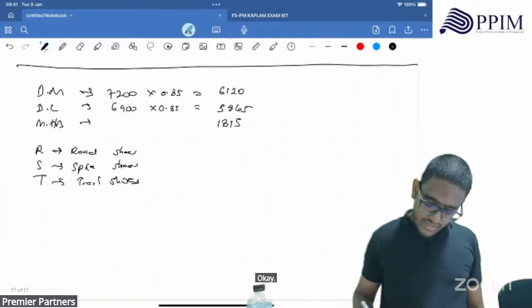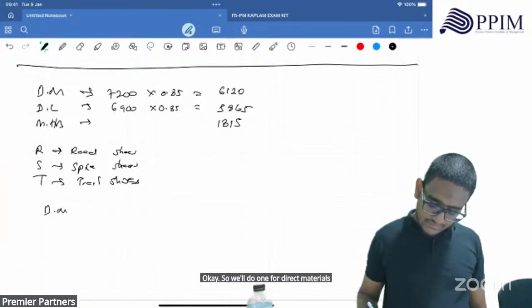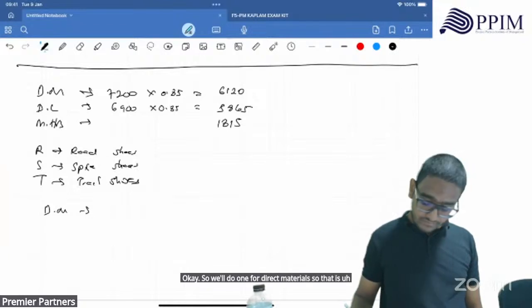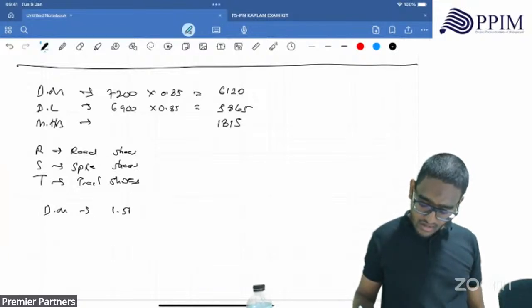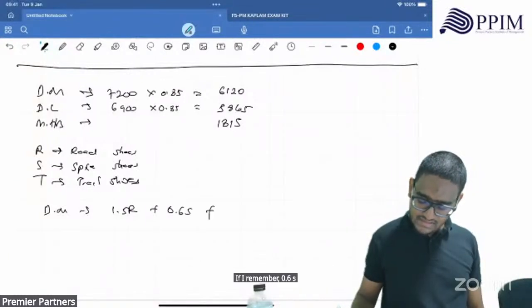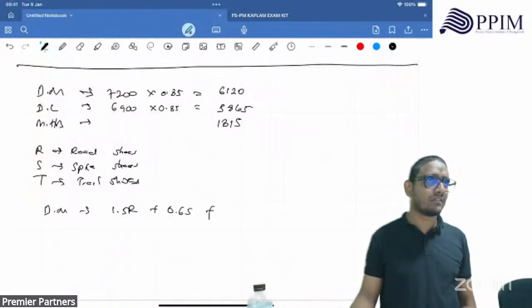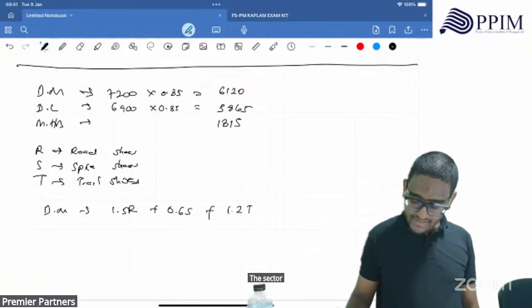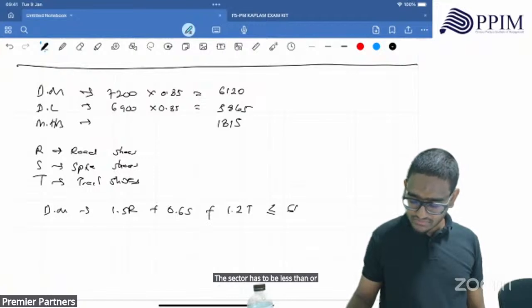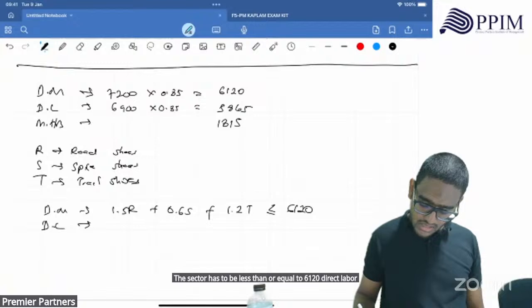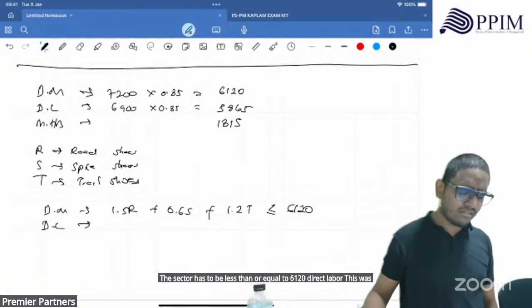So we'll do one for direct materials. So that is 1.5 R plus, if I remember, 0.6 S plus 1.2 T. Just check. Has to be less than or equal to 6,120. Direct labor. This was how many hours? 1 hour.